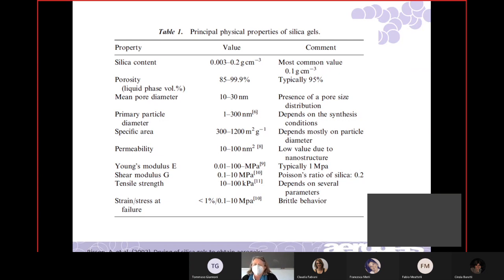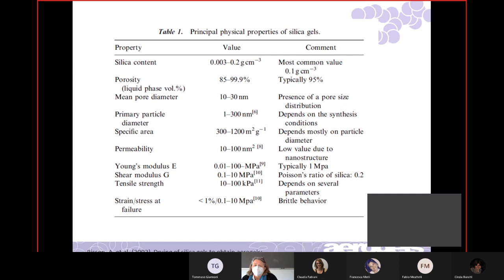The diameter of the pores, the mean value is sort of 10 to 30, but there is a distribution of pores. And I'll talk about that next week. The size of the diameter of the actual solid material is on the nanometer scale. And again, that depends on the conditions that you make them with.